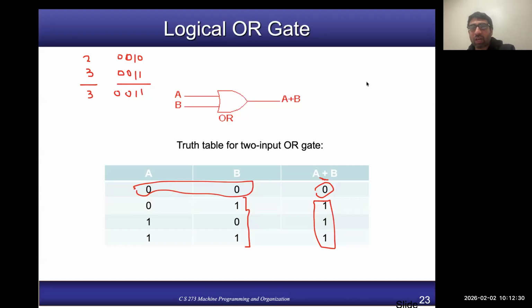Just like, for example, if I asked you why the result of 0 plus 0, adding 0 to 0, is not 1, because adding nothing to nothing is not 1, it is still 0, right? In the same way, when you do 0 and 0, it is 0. Because the definition of the AND operation is that output is 1 when all the inputs are 1.